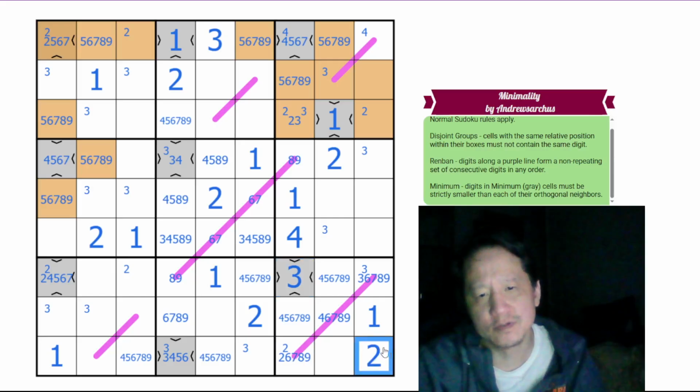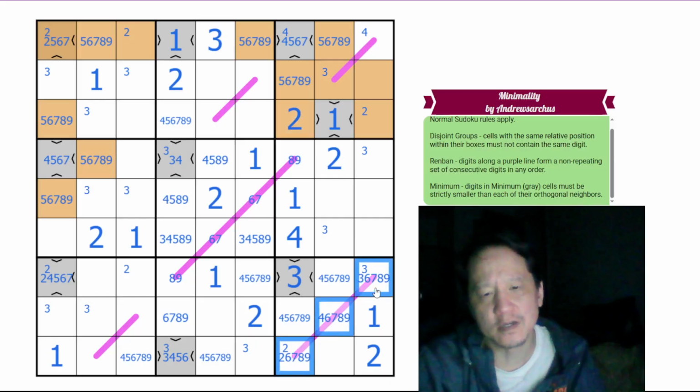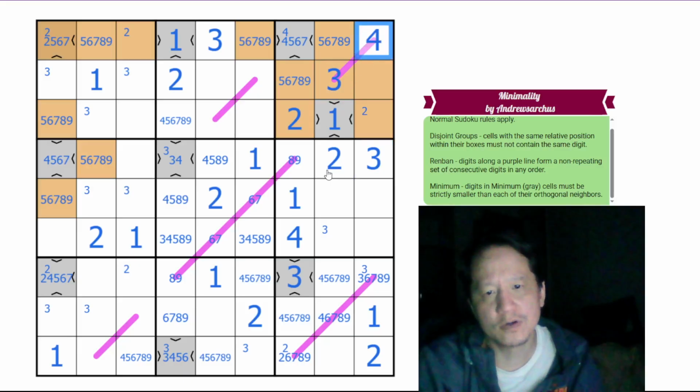Okay, so if this is 4, that's 3. This can't be 2, so that's 2. This is 2. This would be 6, 7, 8, or 7, 8, 9. 3 could not be here, so 3 has to be there. This is 3 and 4.